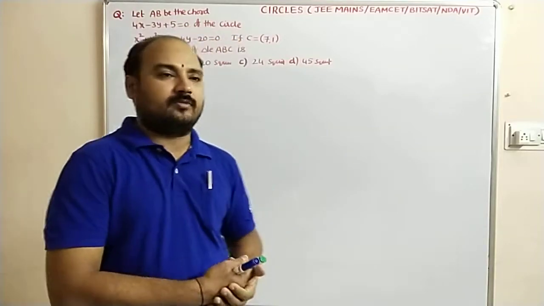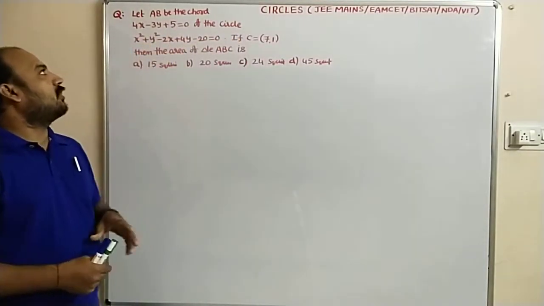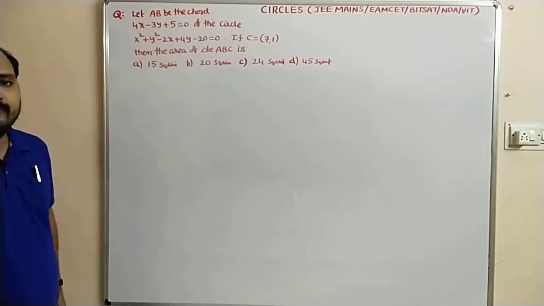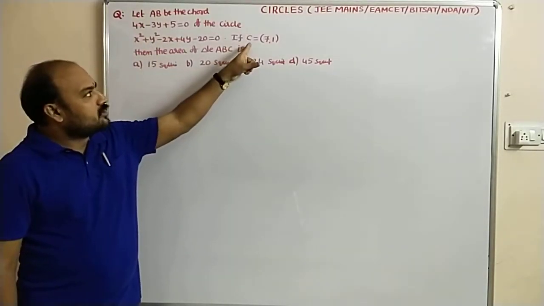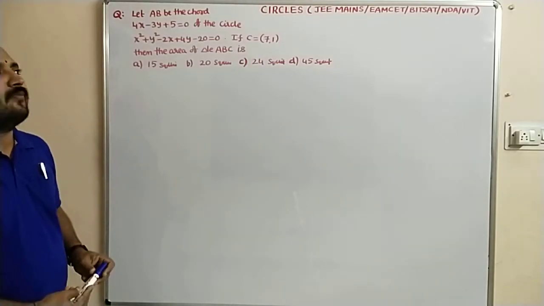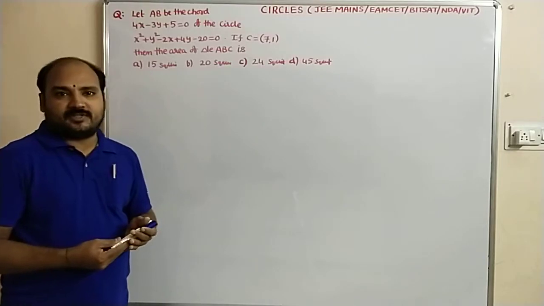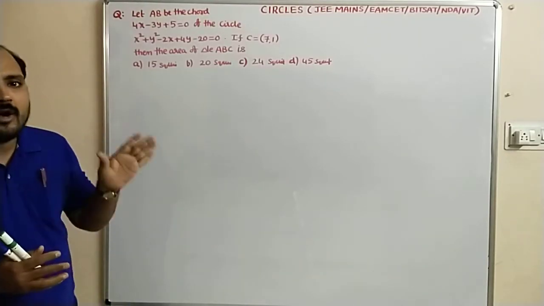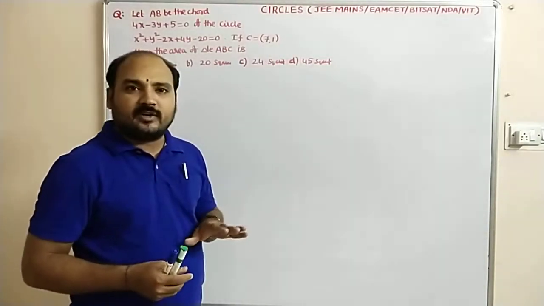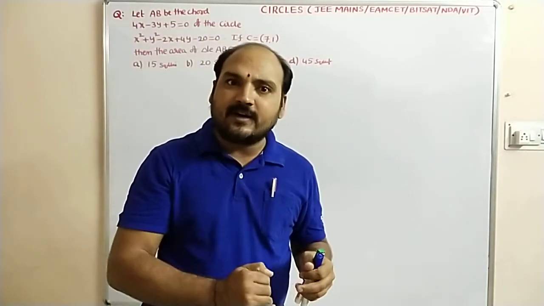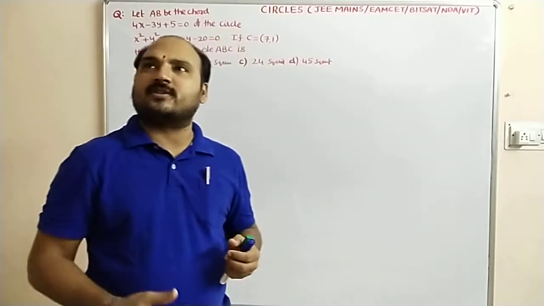Then how to do that? The chord AB is given, the chord equation is given, and one circle equation is given. After that, one more point is also there, C equal to 7 comma 1. Then the area of triangle ABC. Here they did not mention whether the point C is lying on the circle, inside the circle or outside the circle.